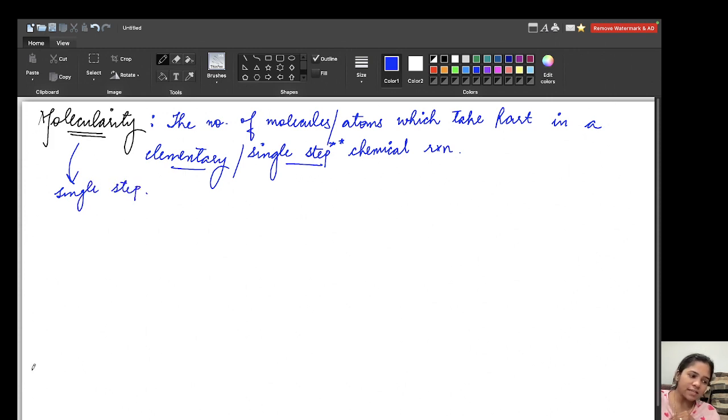Now what is an example of a single step reaction? Some examples of elementary or single step reaction I'll give you.